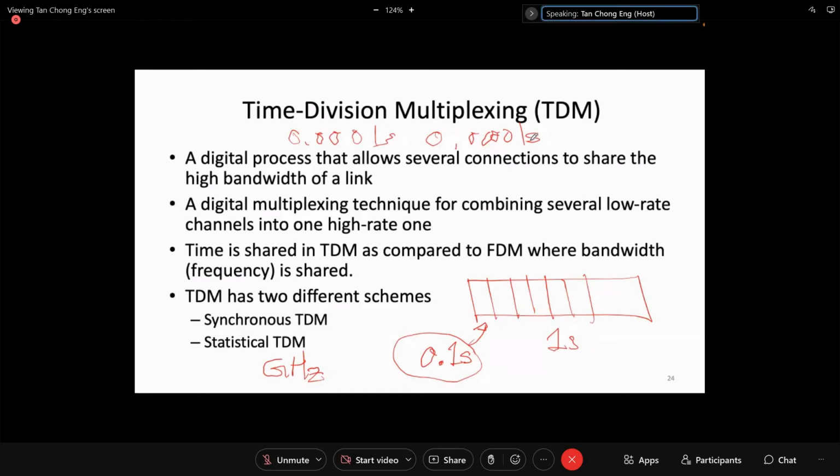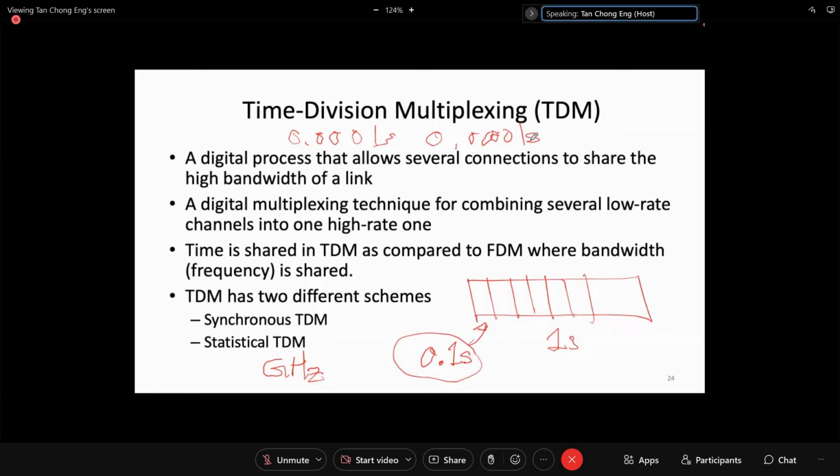The cable itself can be shared by a lot more users because your clock can run so fast. As a human user you cannot, but as a computer system you can, because a computer system runs by the clock speed. So the performance of a TDM system can improve by improving the clock speed of your CPU.